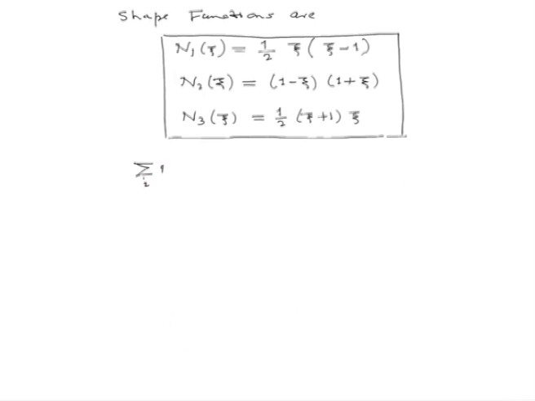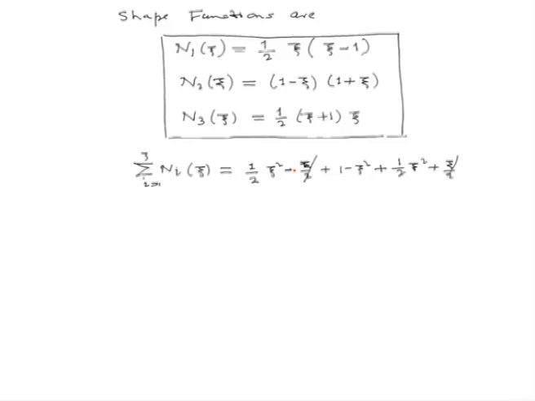Now, do they satisfy the two properties which we require, that is our partition of unity? So, let us sum them up. Sigma N_I(xi), I equal to 1 to 3, and what do we get? 1 by 2 xi square minus xi by 2, plus 1 minus xi square, plus 1 by 2 xi square plus xi by 2.